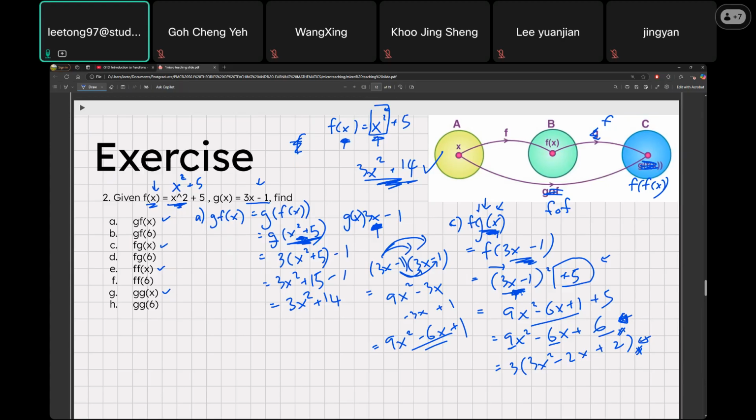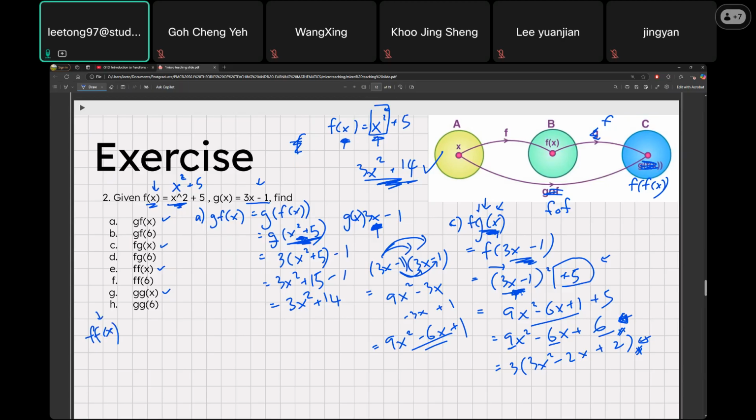For ffx. This question actually has quite some calculation. You need to power twice, right? So we look at fx.